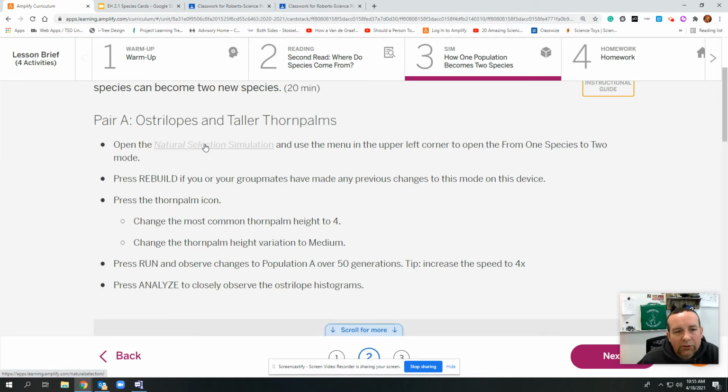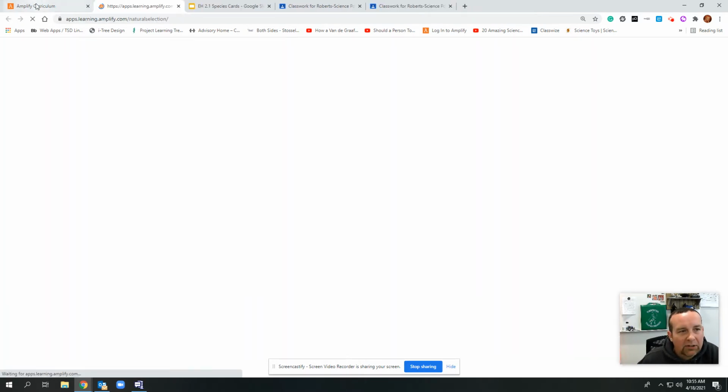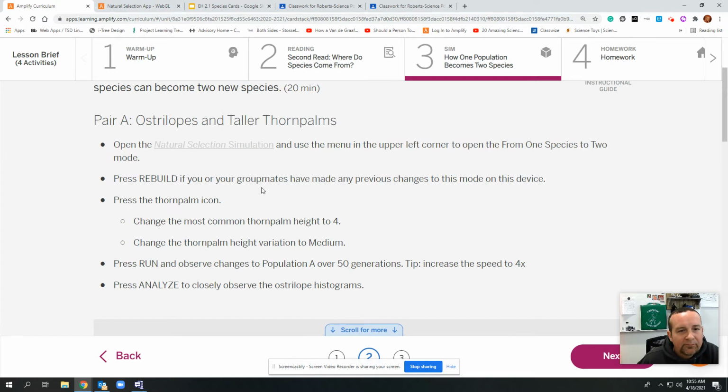First things first, let's click on our sim. Let's get that up and loaded, and use the menu in the upper left-hand corner to open the from one species to two mode.